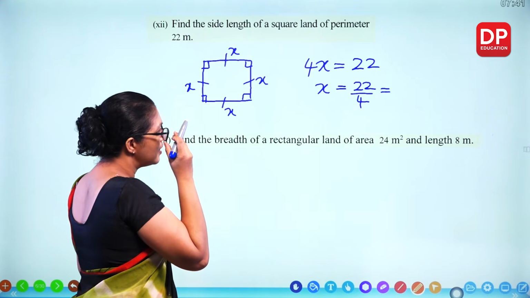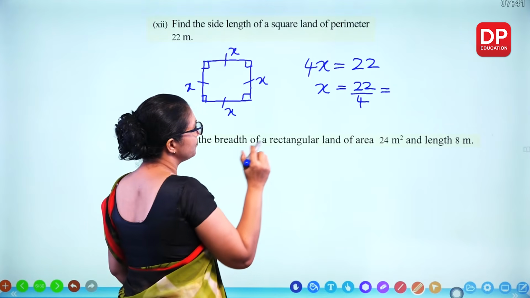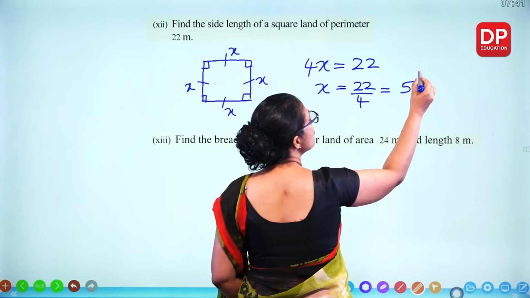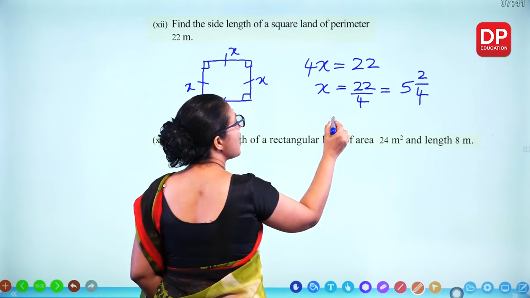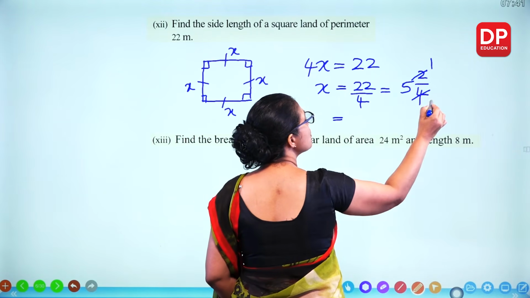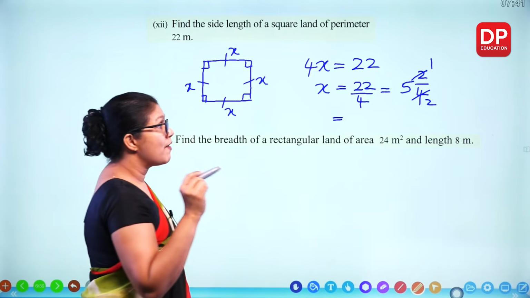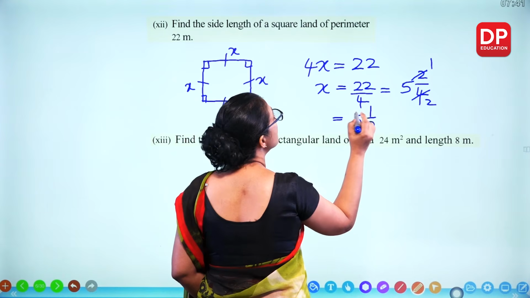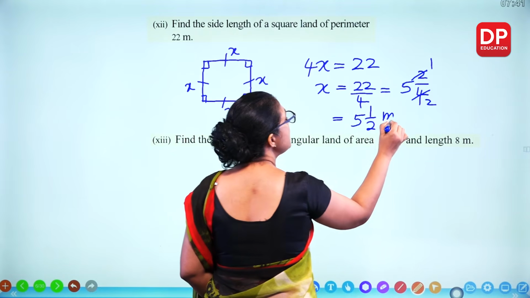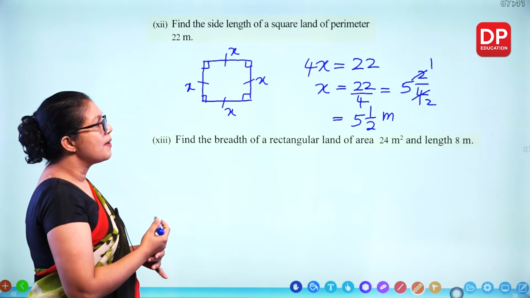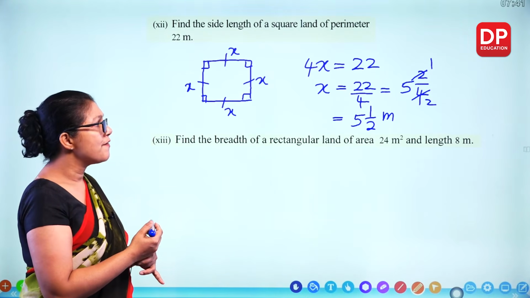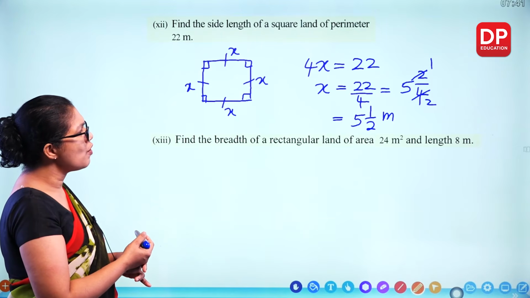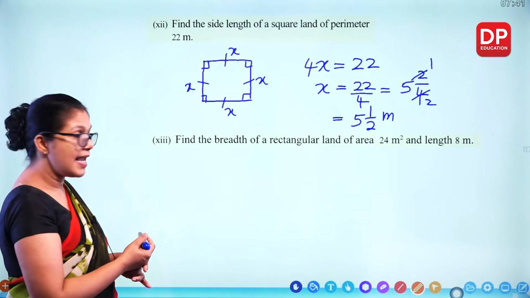So 22 divided by 4. 4 times 5, 20, 2 remaining, 2/4. 2/4 is the same as half. 2 times 1, 2 times 2 as a simplified version. So 5 and a half. What's the unit? That's meters. 5.5 meters.